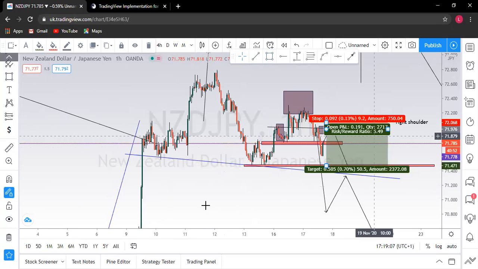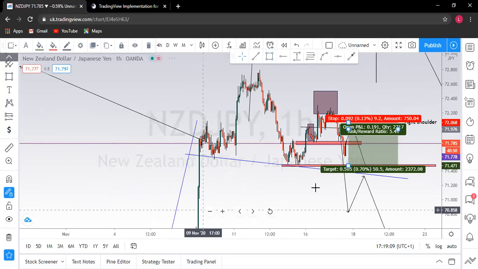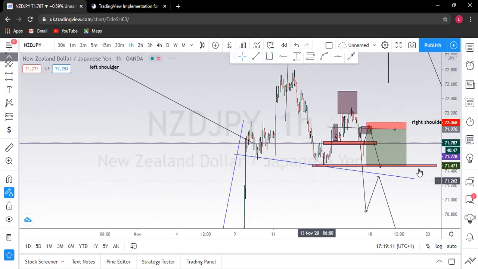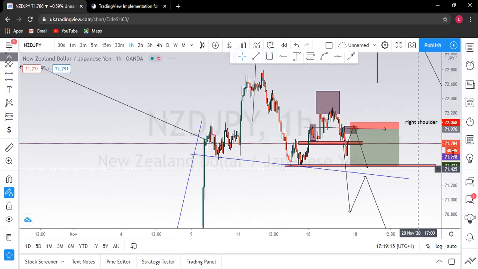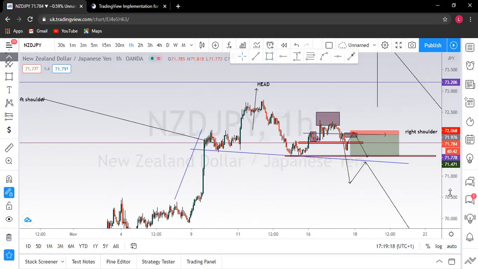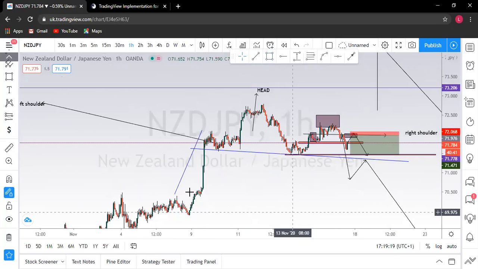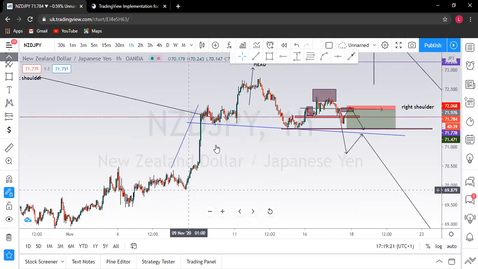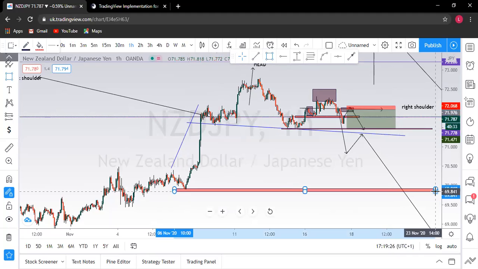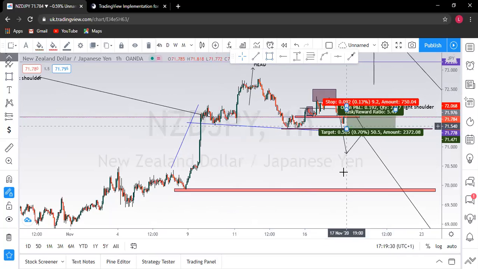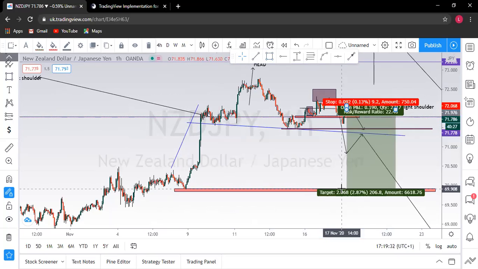So your TP2 will be the nearest. Let's look for the nearest support. So this is the nearest support here, this place. So pick out your zone, measure it out. That's the nearest support, meaning that your TP2 will be here.